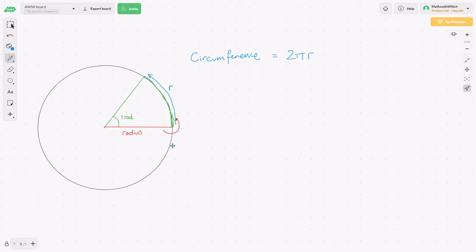So we can divide this circumference by r, remembering that the circumference represents the total distance around the outside of the circle. So we can then therefore say, if we divide it through by r, there are 2 pi radians in a full circle. Now of course, a full circle, another way of saying that is 360 degrees. So 2 pi rad equals 360 degrees.